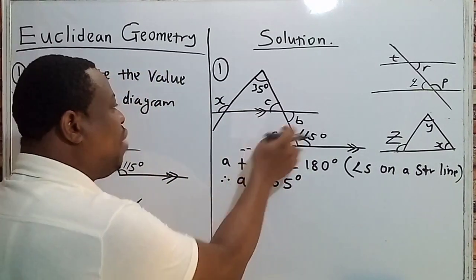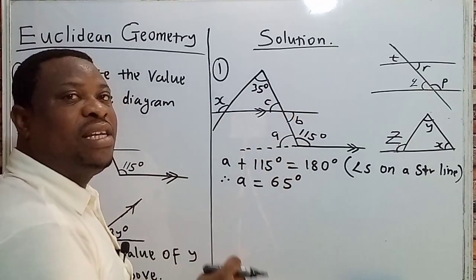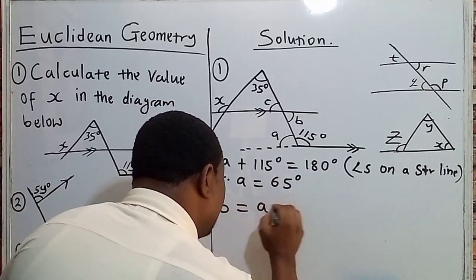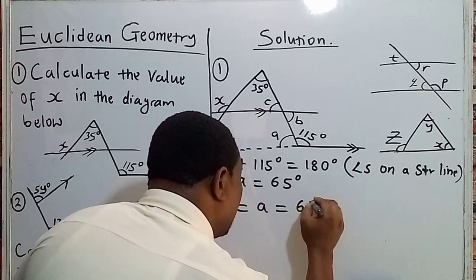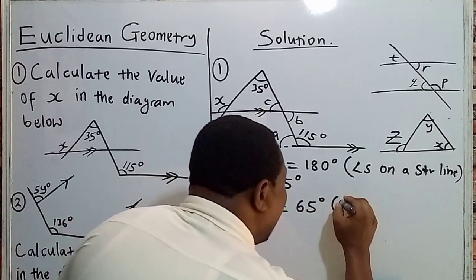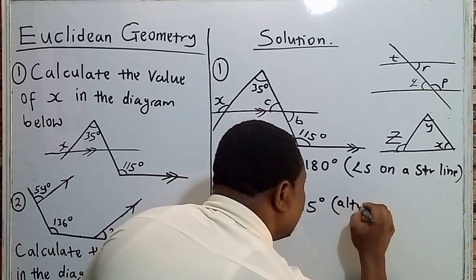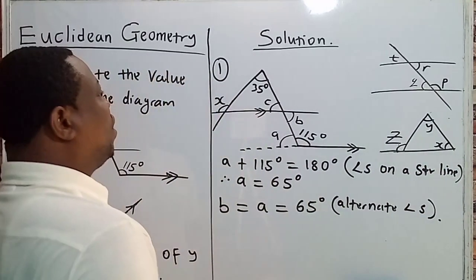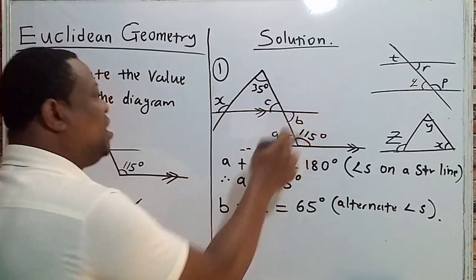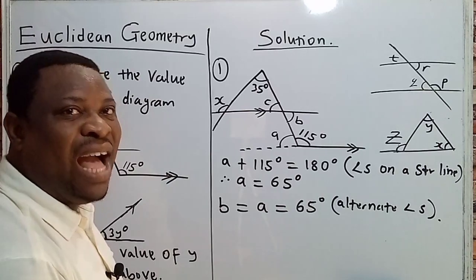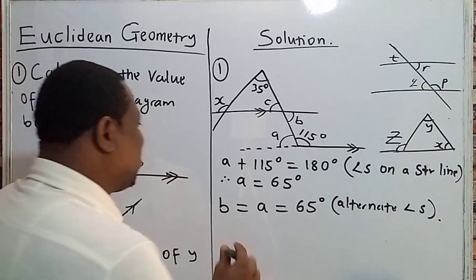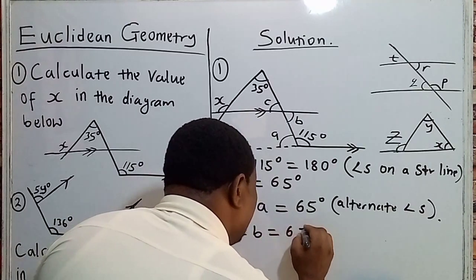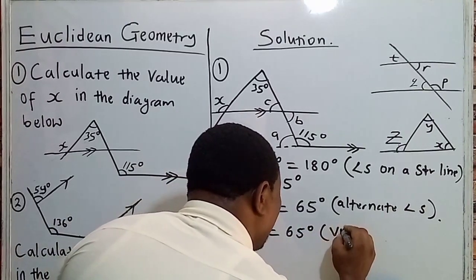So if A is 65 degrees, and I've said A and B are alternate, it then means that my B is equal to A, and A is 65 degrees. They are all alternate angles. And I've also told you that C and B are vertically opposite angles. So C is equal to B, which is equal to 65 degrees again.